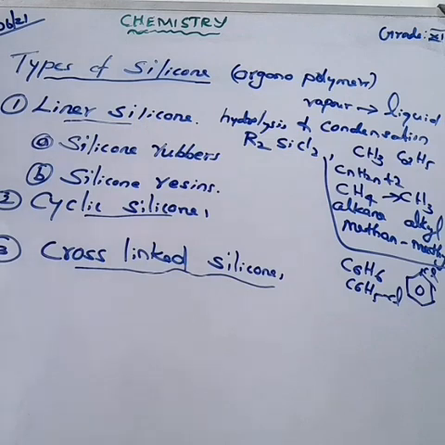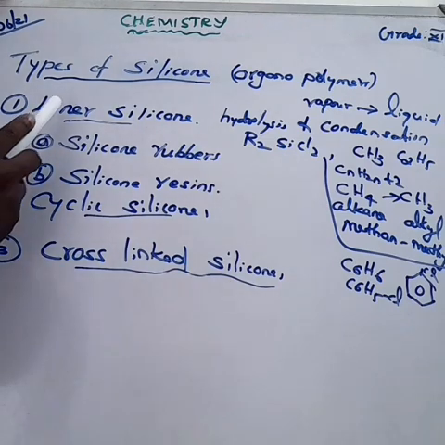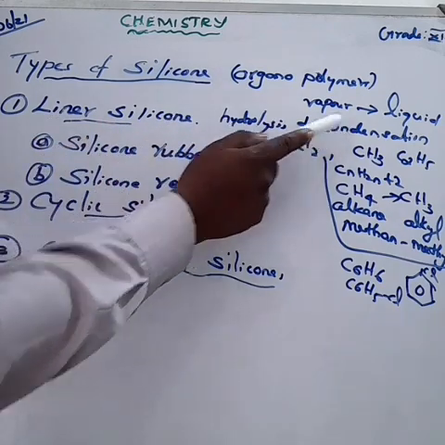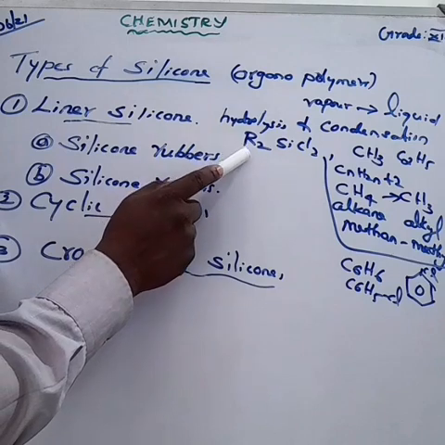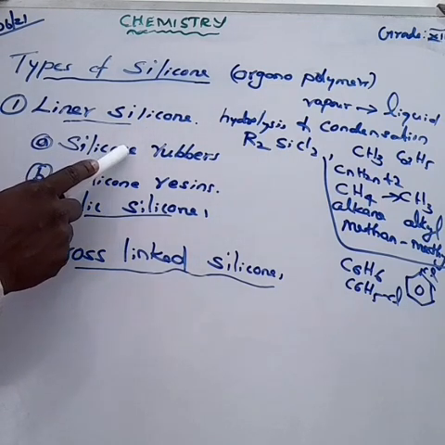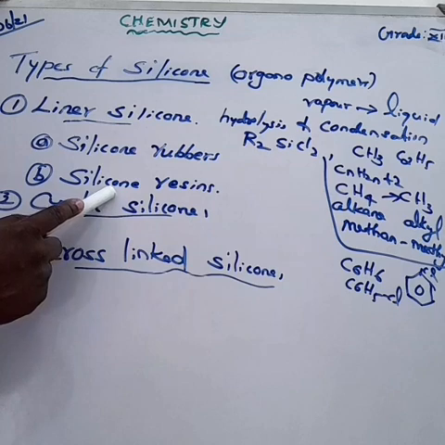Okay, now how is linear silicone obtained? Linear silicone is obtained by the hydrolysis and also the condensation of dialkyl silicon chloride. That's about the linear silicone. Here we have two more examples: silicone rubbers and silicone resins.